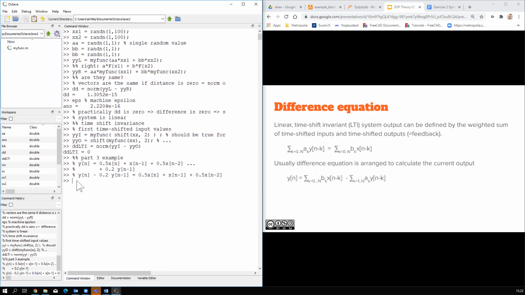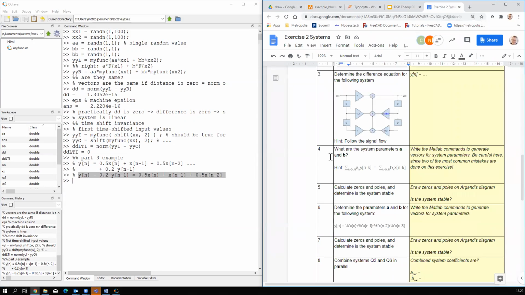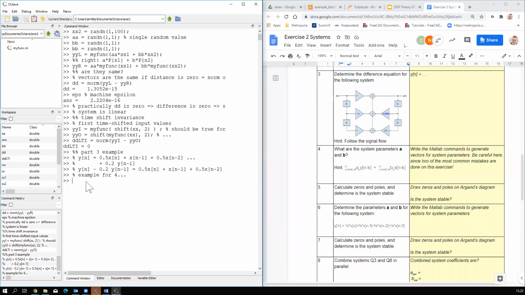System coefficients are defined from this form of the transfer function. So as an answer to the fourth example, we can define the parameters A equals system coefficients for the output, which is, well, 1 times y of n.